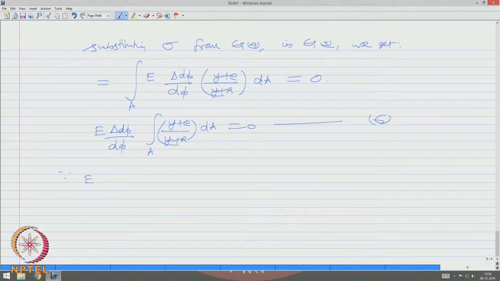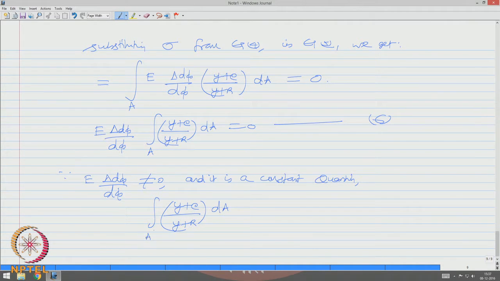Since E delta d phi by d phi cannot be 0 and it is a constant quantity, equate integral of (y plus e) by (y plus R) dA as 0.